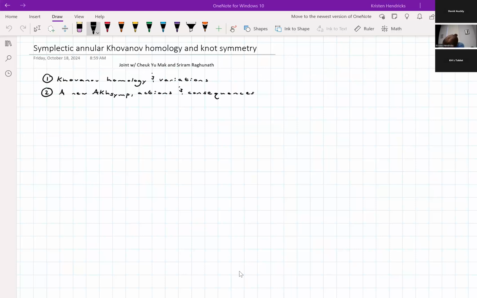Great. So Khovanov homology, one of our favorite invariants. It takes a link sitting inside of S3 and assigns to it KH of L, which will be a bigraded vector space over some field.